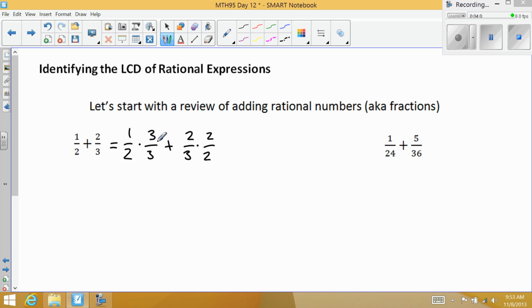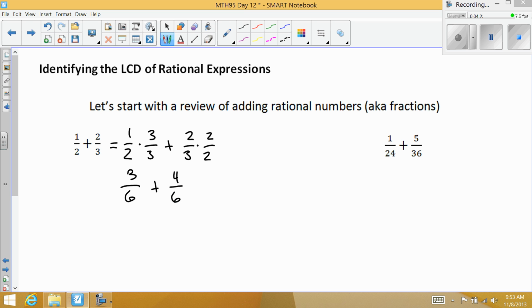And I can do that as long as I multiply the numerator by 3 also. What I have then is 3/6, which is equivalent to 1/2. It's just not reduced. And then the 2/3, I can multiply by 2 over 2, giving me 4/6, which is equivalent to 2/3, but again, is not a reduced fraction.